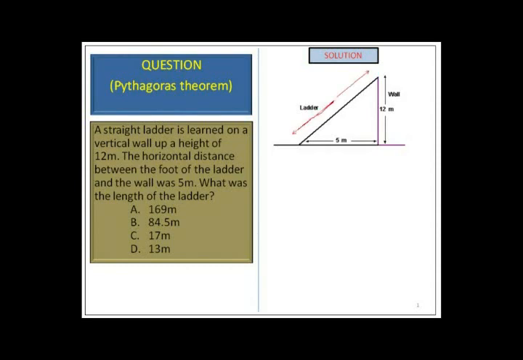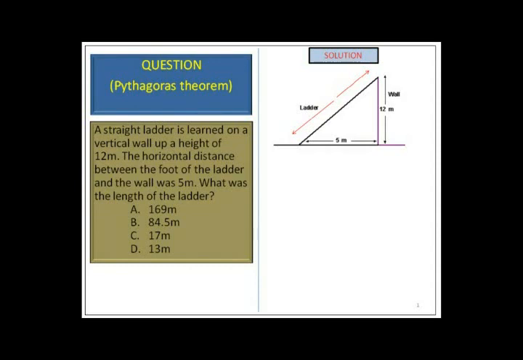What we have is that the ladder will mark the hypotenuse, and the height of the wall, which is 12 meters, will mark the height of our triangle, and we have a base of 5 meters.